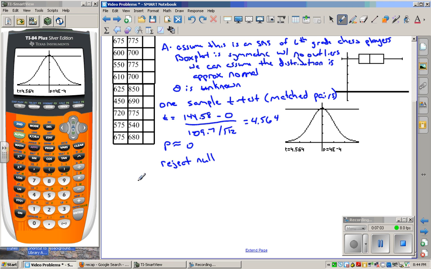And so finally we're going to make our concluding statements. So we would say, since the p-value is essentially 0, we will reject the null.